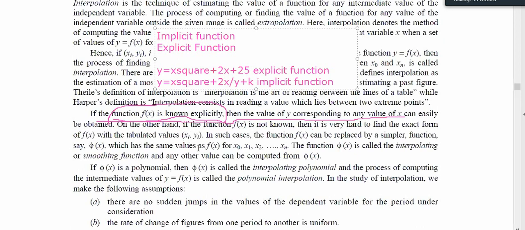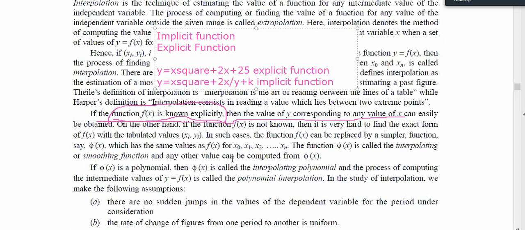In such cases, the function f(x) can be replaced by a simpler function. When I was talking about the complicated function, the complicated function is an implicit function. The implicit function is complicated here, and in this very case, the implicit function which is complicated is made simpler by applying the interpolation technique.